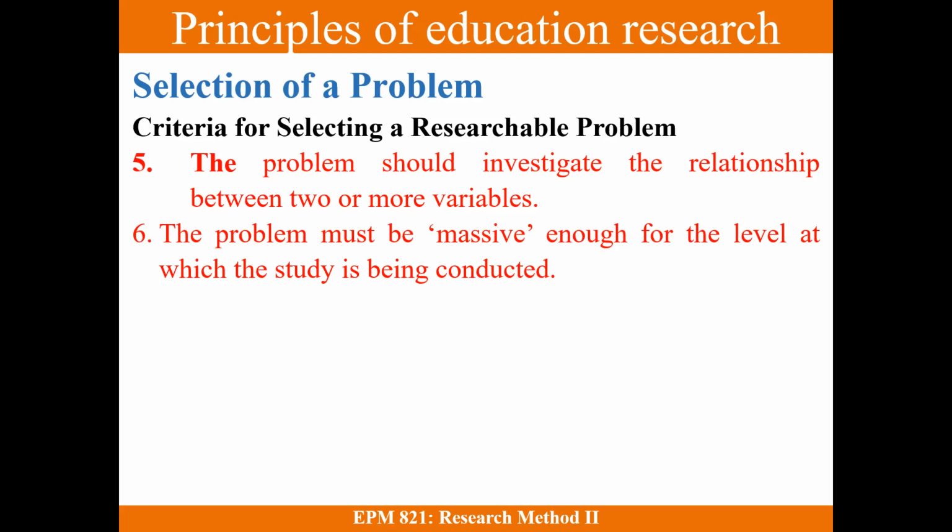Because sometimes they are doing some work, when you look at it, it's not massive enough at that level. So also at master's level, I've seen some students who want to do a study that can be done at a PhD level.